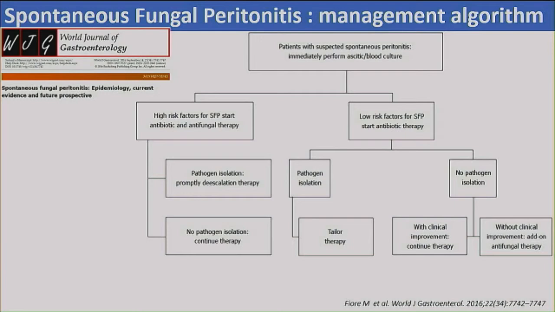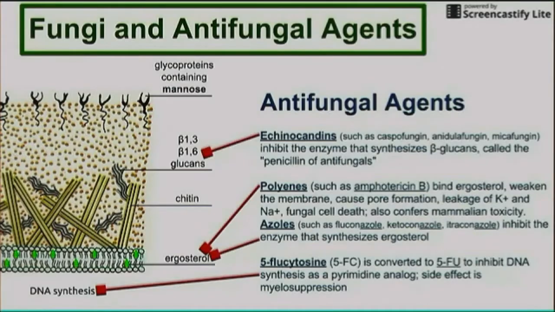mortality of patients with fungal infections can be high in patients with liver dysfunction or liver cirrhosis. For the antifungals that can be used, the most important one is we know that the azole derivatives such as fluconazole, ketoconazole, itraconazole can be used in patients with Candida albicans.